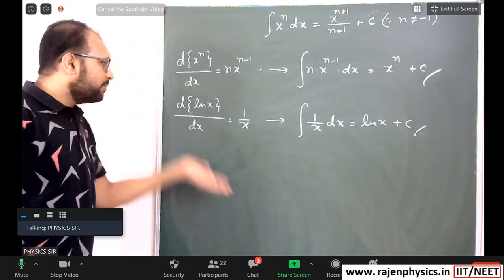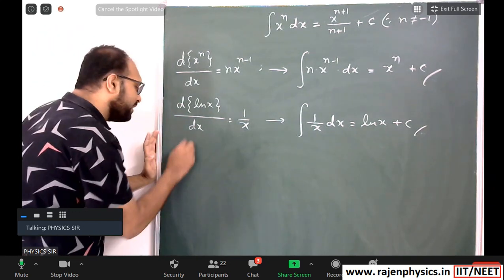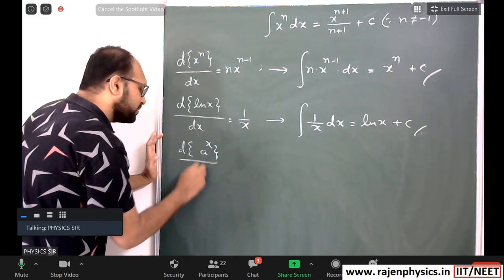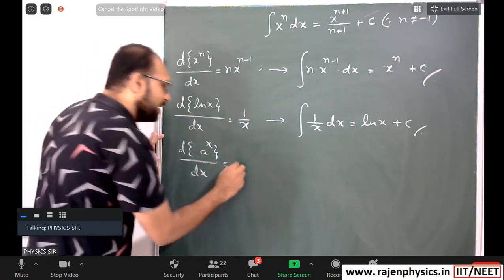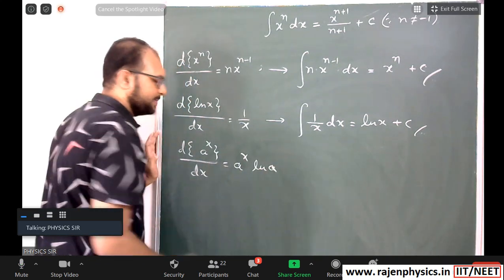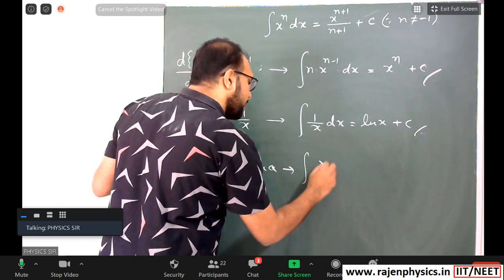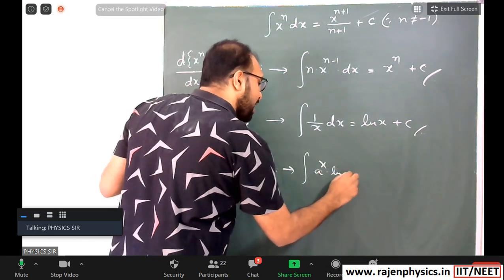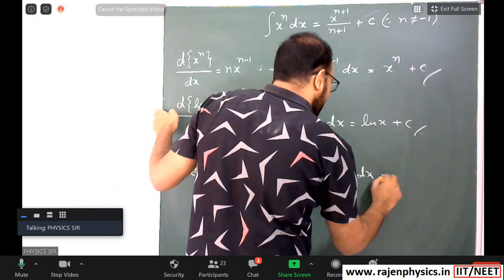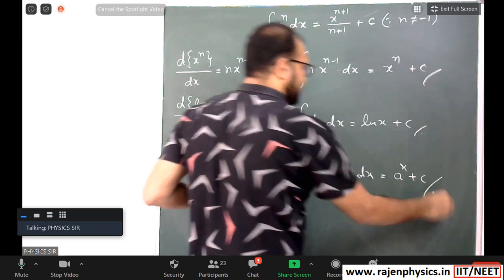Like this, all the differentiations we know previously. Suppose the derivative of a to the power of x with respect to x is a to the power of x ln a. Now in the integration, how do you write it? The integral of a to the power of x ln a dx is nothing but a to the power of x plus constant.